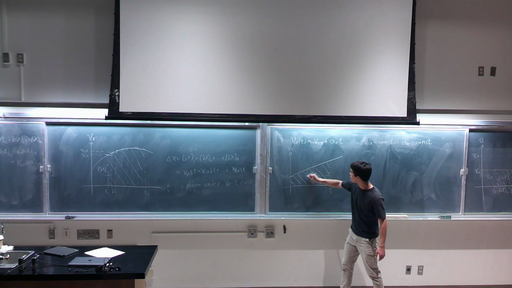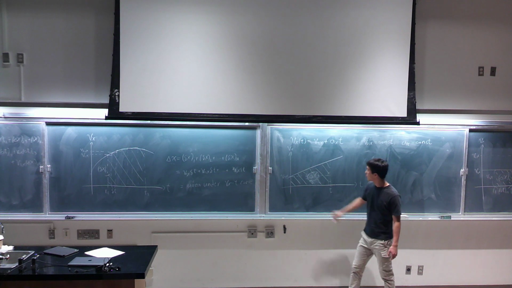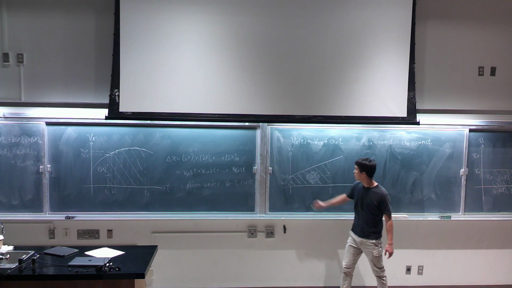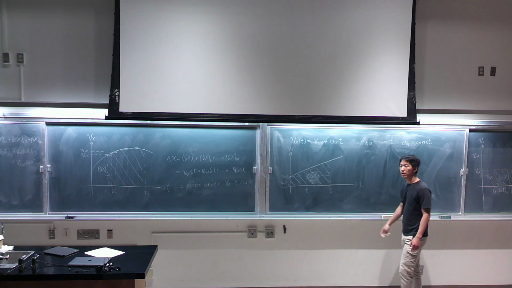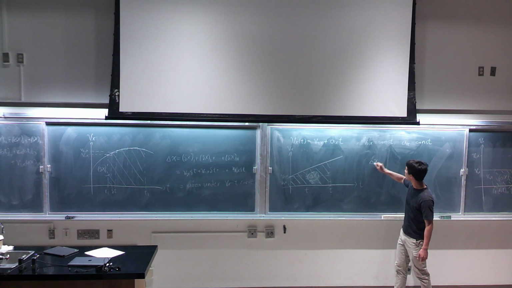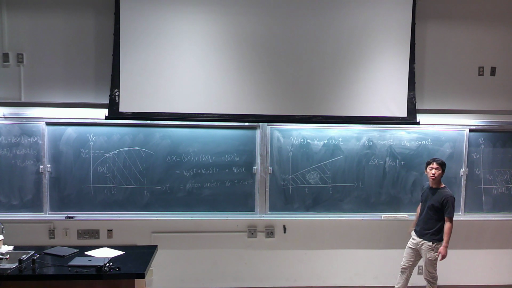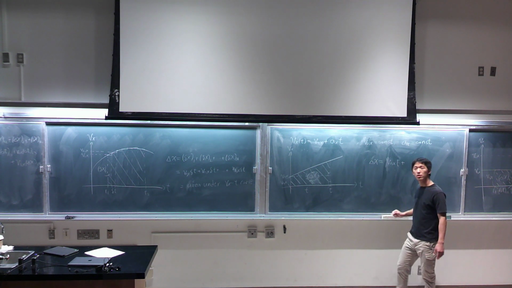You need to include both the triangle and the rectangle. Rectangle looks easy. The height of this rectangle is the initial velocity, and the length will be how much time has passed. So we know the first term of this area will be the height times length. So that's our first term. Any question? This corresponds to the rectangle.